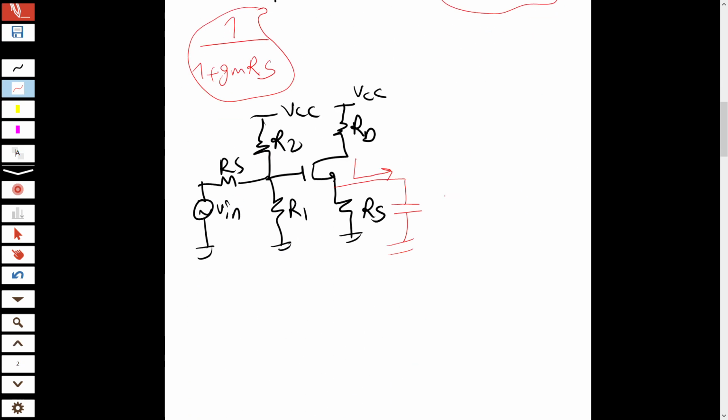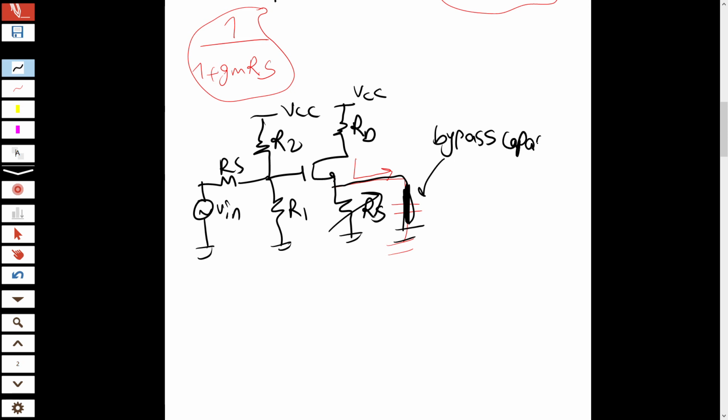But in the AC case, this is important. In the AC case, this capacitor will be short circuited and this resistance will be between the source and ground, and there will be no current passing through this side. So we call this capacitor a bypass capacitor. Why? Because it bypasses our source resistance.